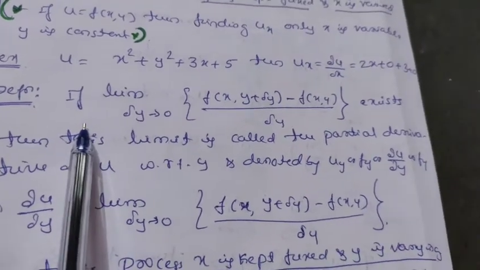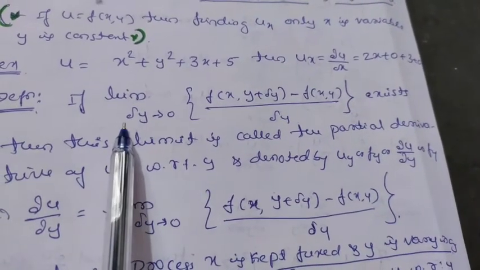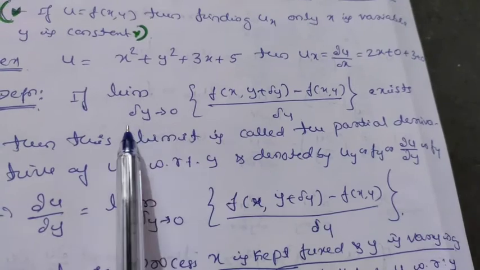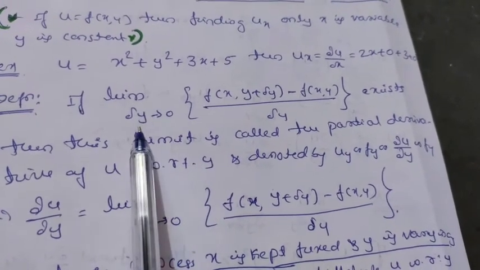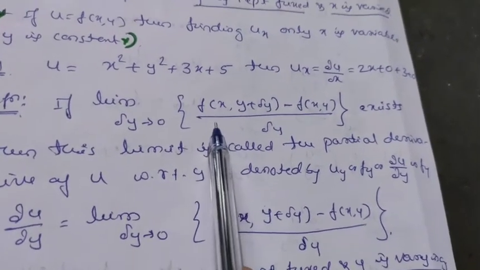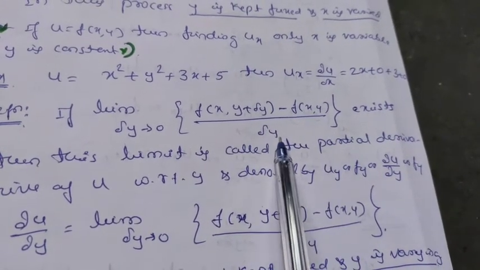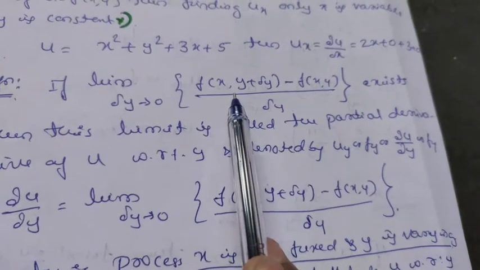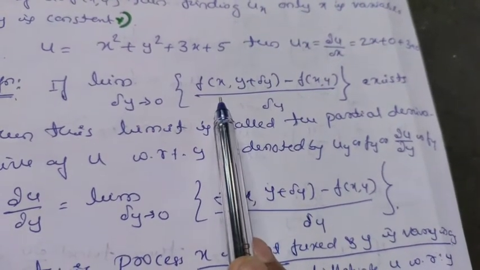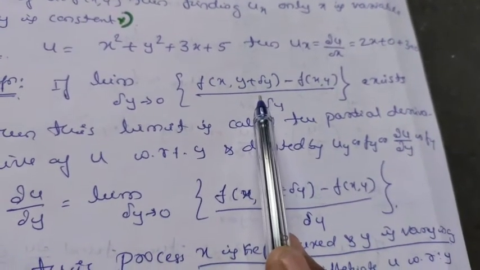Similarly, if you differentiate this u with respect to y partially, then the definition is limit as delta y tends to 0, f of x, y plus delta y minus f of x, y divided by delta y. Here we are treating x as constant and allowing y to vary.